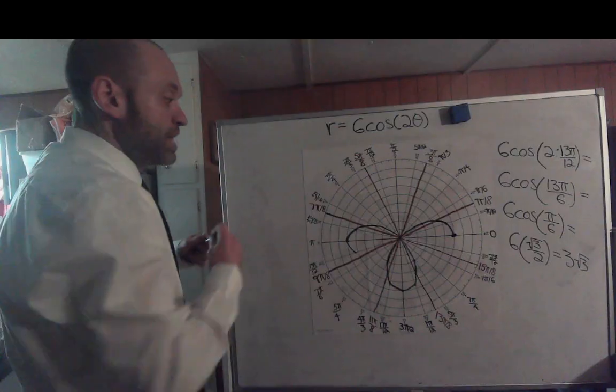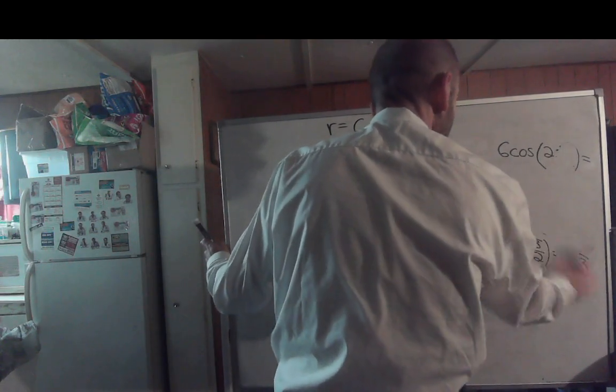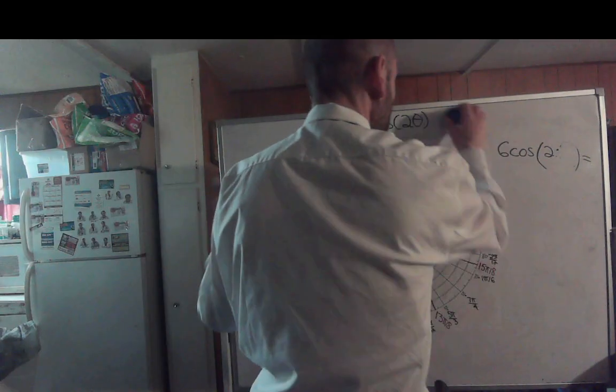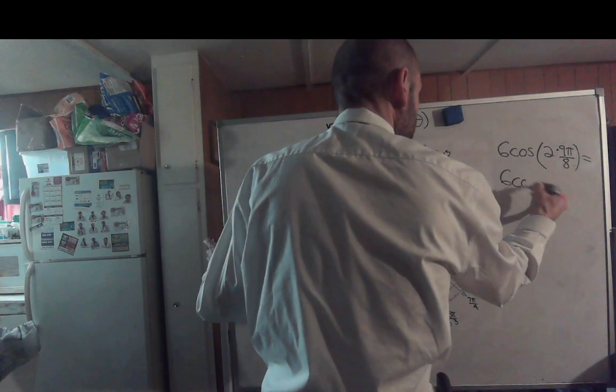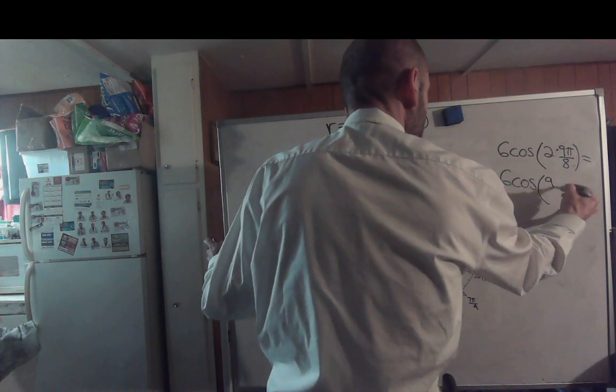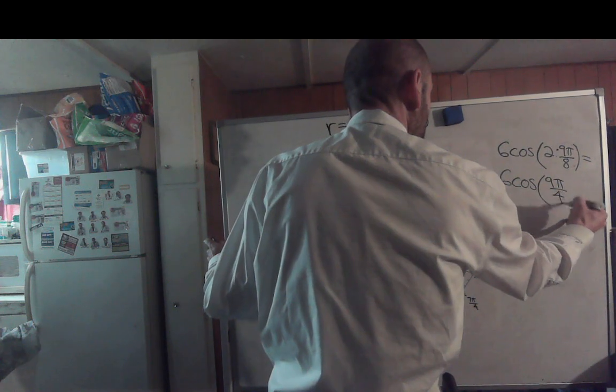Alright, now let's do 9 pi over 8. So I'm going to take 2 times 9 pi over 8. Well, 2 times 9 pi over 8, that would give me 6 times the cosine of 9 pi over 4.